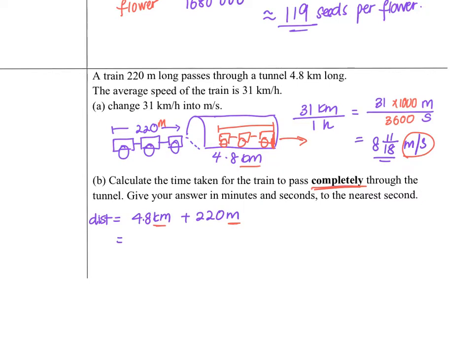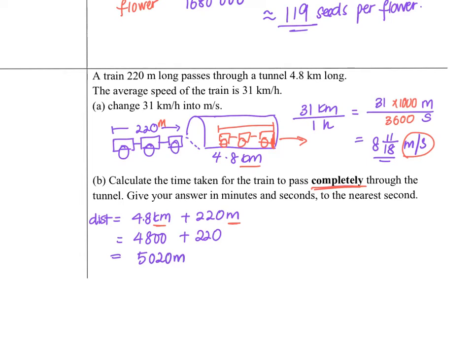How do we change kilometers to meters? We multiply by 1000. So 4.8 kilometers will give you 4,800. I'm going to add another 220, and that gives me a total of 5,020 meters.